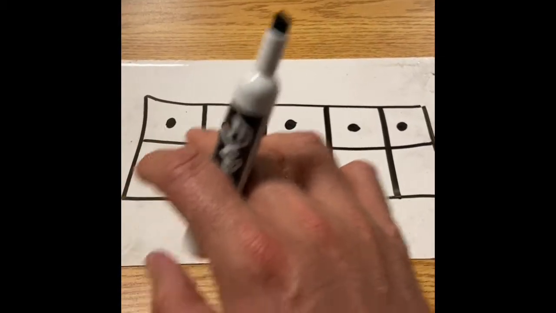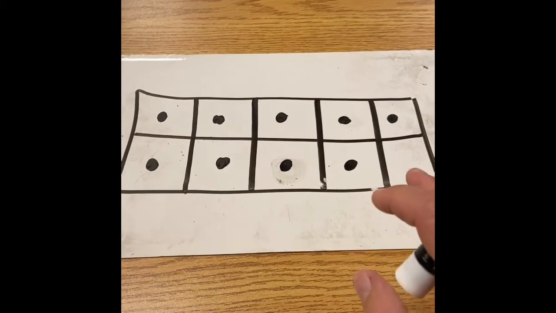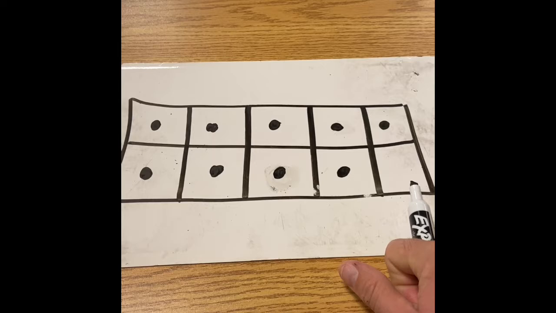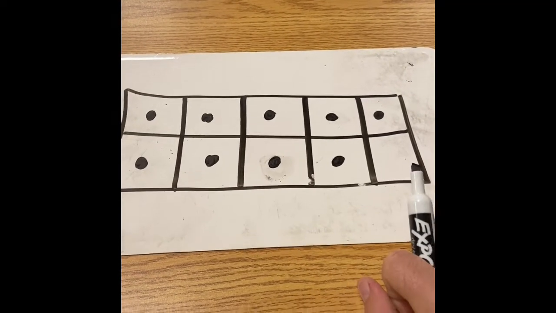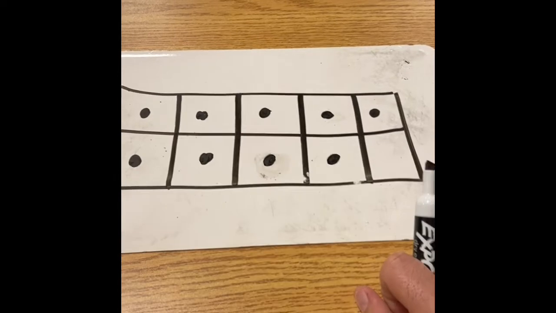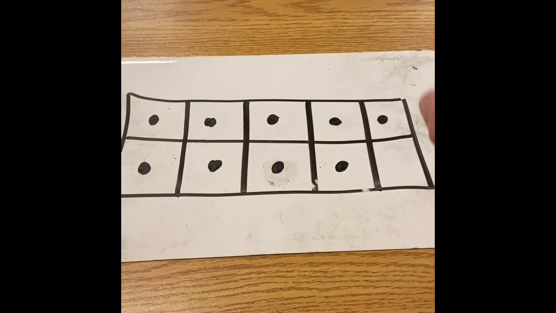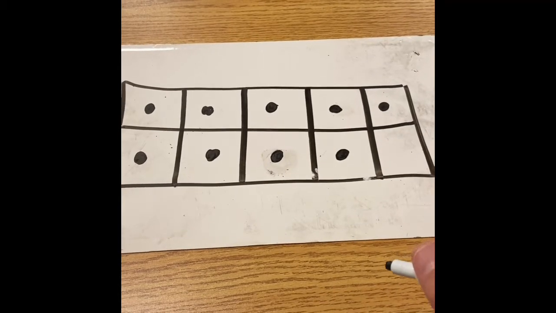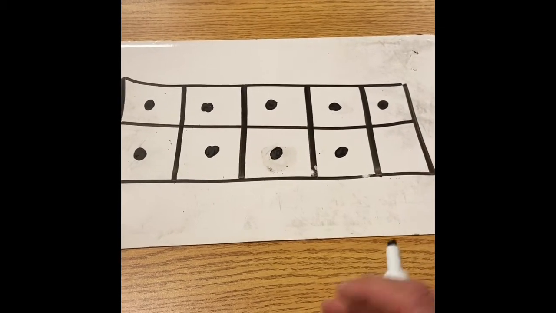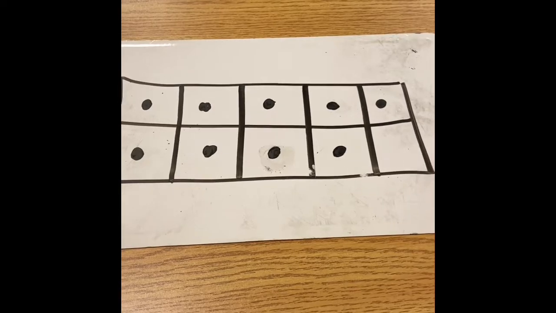We know that there's 10 spaces in a tens frame. And how many frames aren't filled in though? There's only 1 frame that's not filled in. So we can count 1 less, and that would be 9. So we have 9 here because 1 is left out.